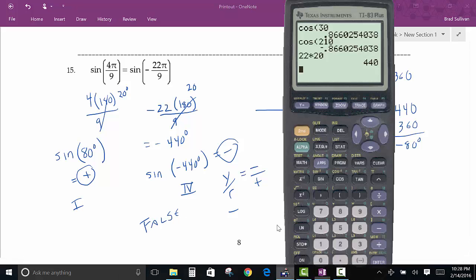Okay. And again, if you just check this on a calculator, look what happens. If I do the sine of 80, I get this value. If I do the sine of negative 440, I get the same numeric value, but it's off by a negative.